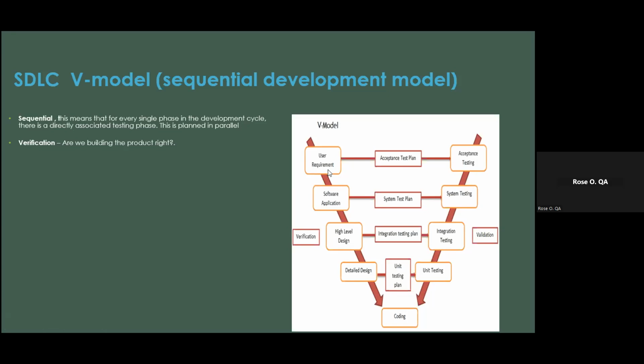Then validation will explain and tell me, okay, you have asked, are we building the right product? My answer now is, does it meet the user's intention? Verification has given me this user requirement.